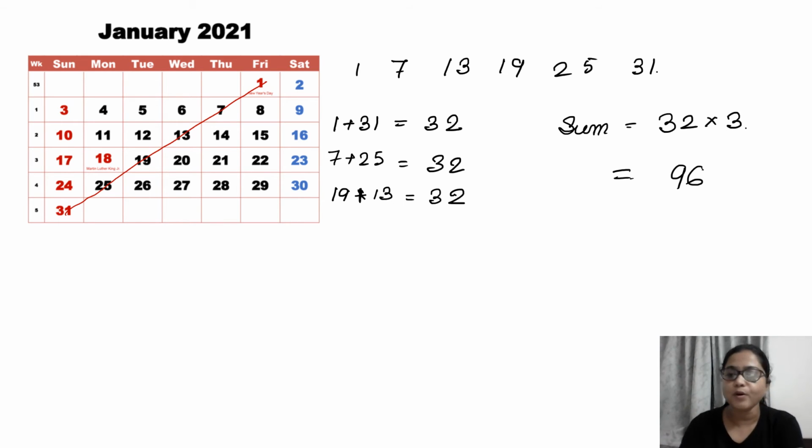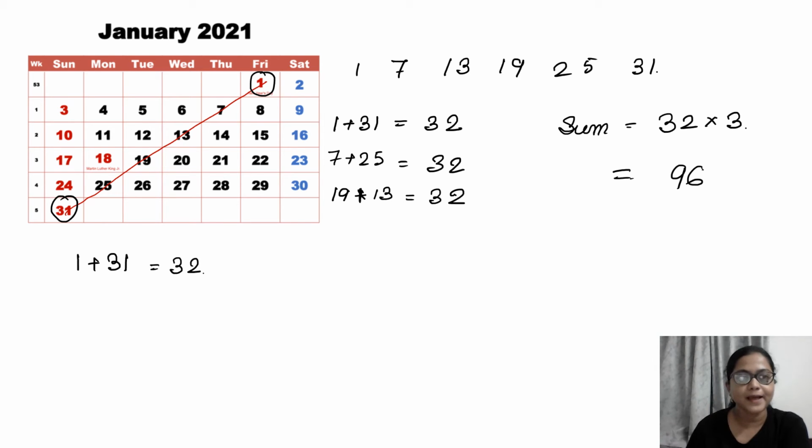Again, if you want to add all the numbers in the calendar from 1 to 31, so a total of 31 numbers, and the numbers are in arithmetic progression with common difference 1. See, 1 plus 31, the first number and the last number, is 32.